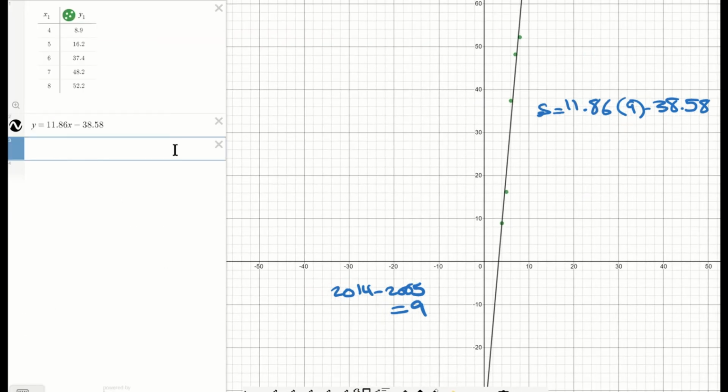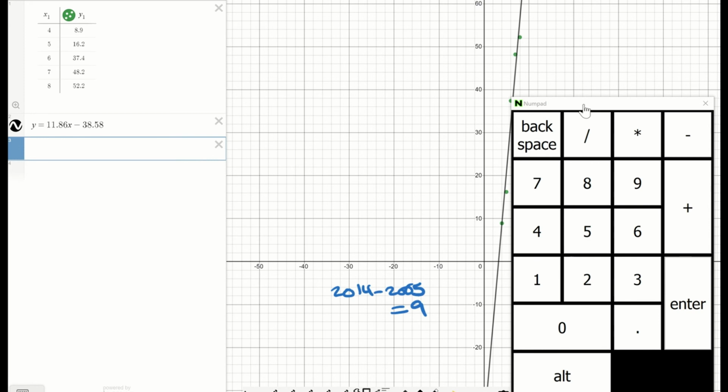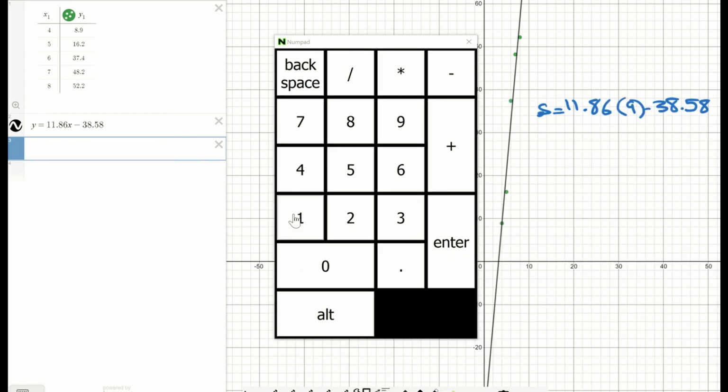So here we can just type in 11.86 times 9 minus 38.58.